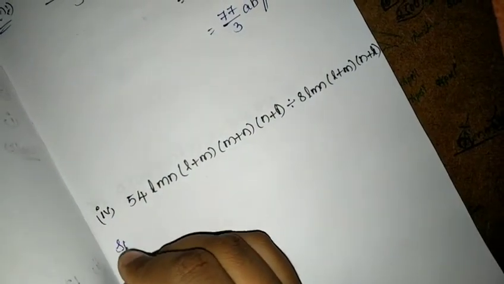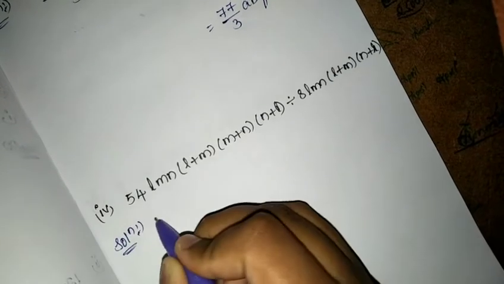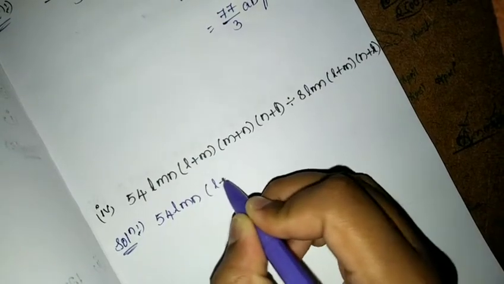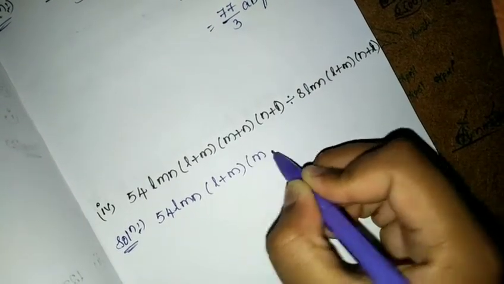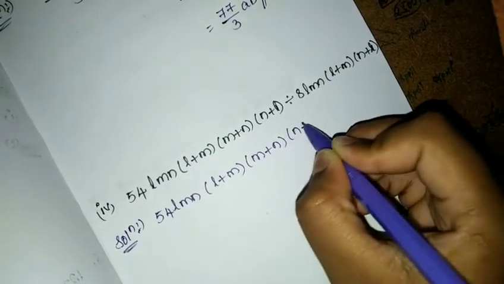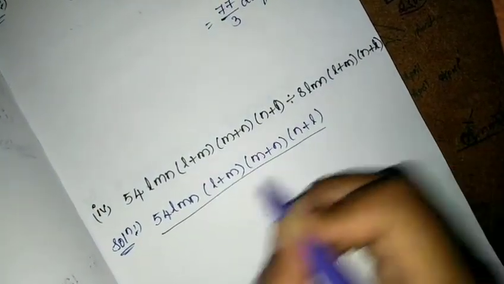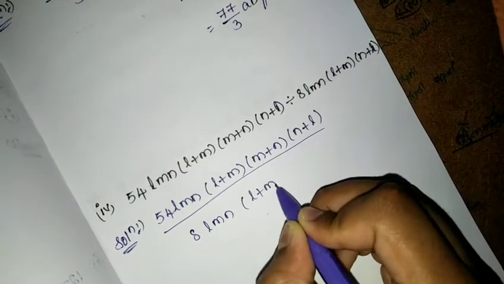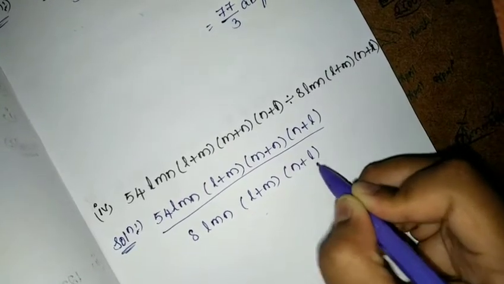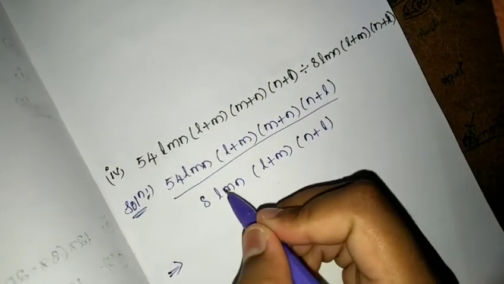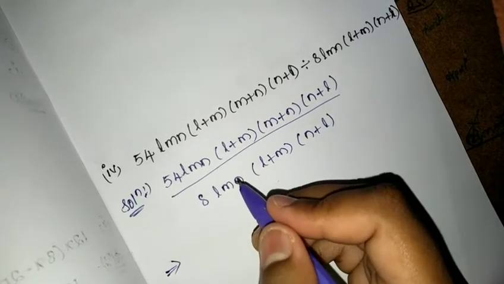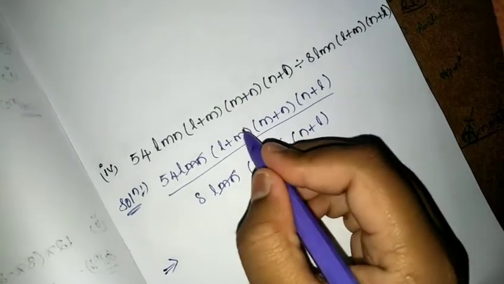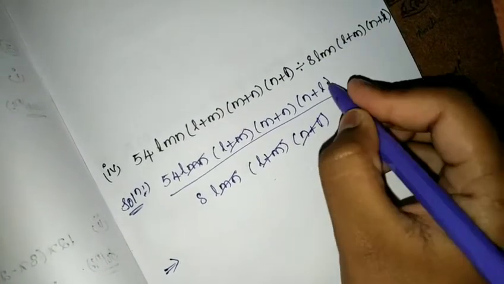Let's see the solution for this problem. 54 lmn into (l plus m) into (m plus n) into (n plus l) divided by 8 lmn into (l plus m) into (n plus l). So we can easily cancel terms in numerator and denominator. Here lmn cancels, (l plus m) cancels, (n plus l) cancels.